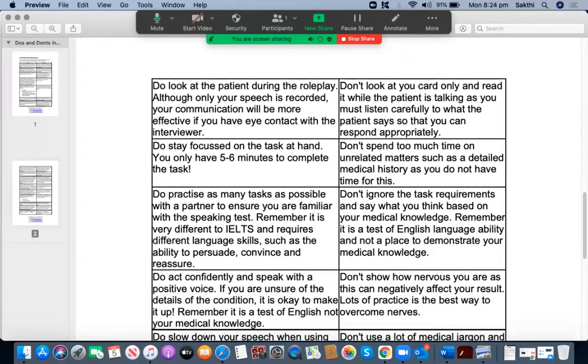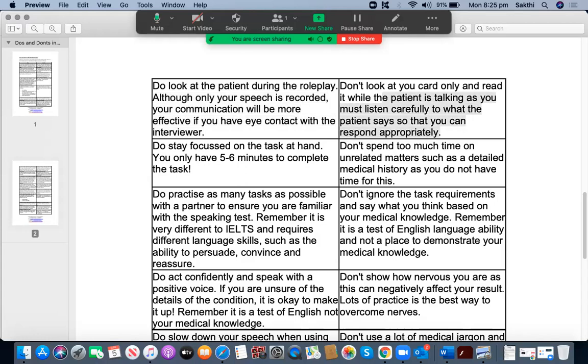Please look at the patient during the role play. You need to have face to face communication with the patient. It is a personal face to face communication where you are going to act as a caregiver to a member of the community. And as a result, you have to have eye contact with the patient. Although only your speech is recorded, your communication will be more effective if you have eye contact with the interviewer or the interlocutor.